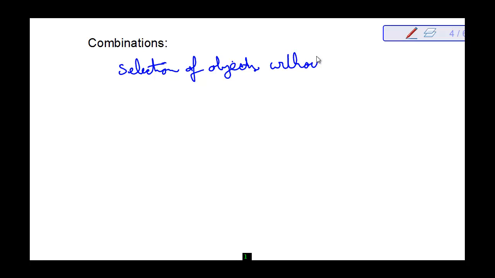The next one is combinations. In combinations, this is the selection of objects without regard to order. So order is not going to matter here. Okay? The formula for this is going to be nCr. Notice we use P for permutations.